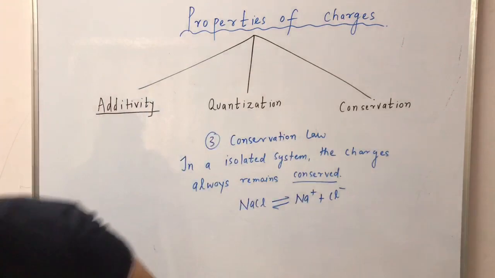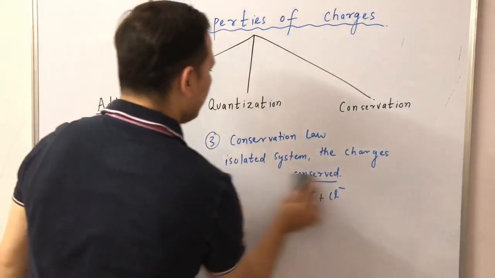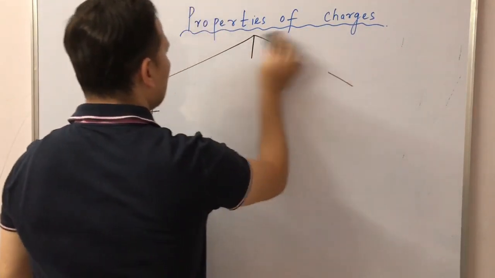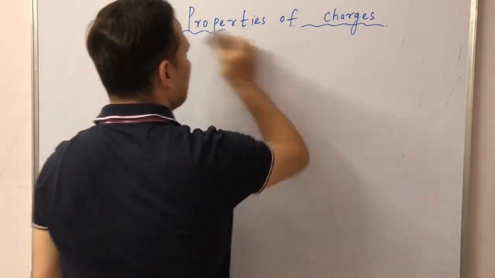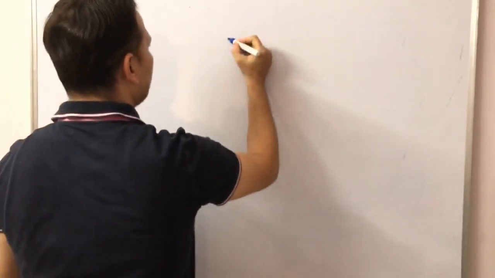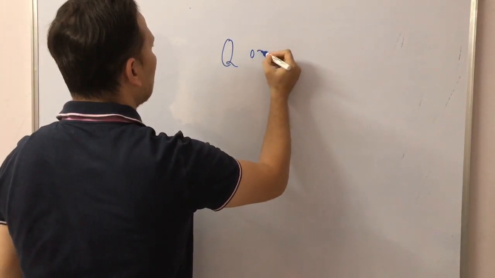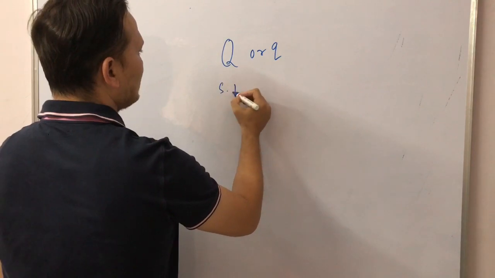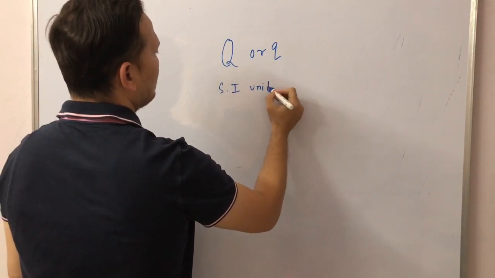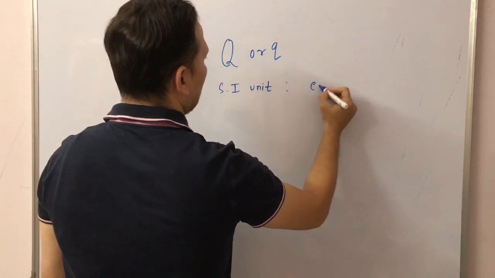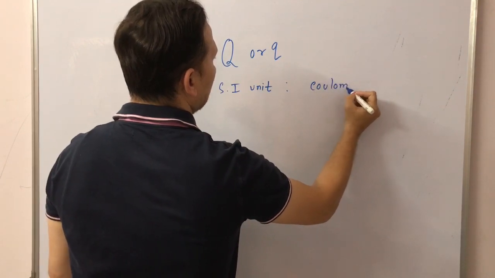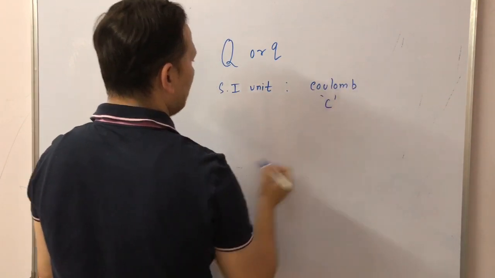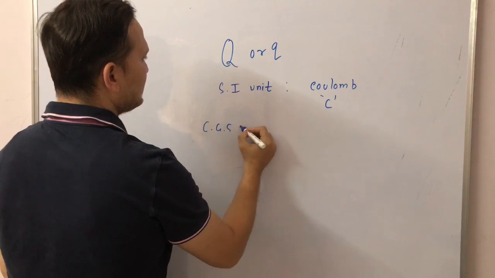Okay, now we'll move forward and see a little about charges. The charge is denoted either by capital Q or small q. The SI unit of charge is measured in coulomb, and the symbol is C. We can also use its CGS unit.